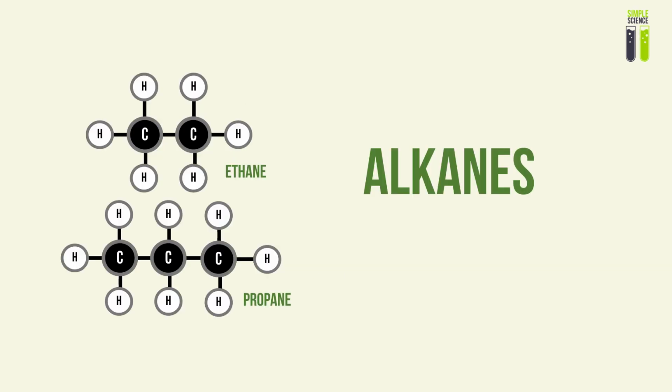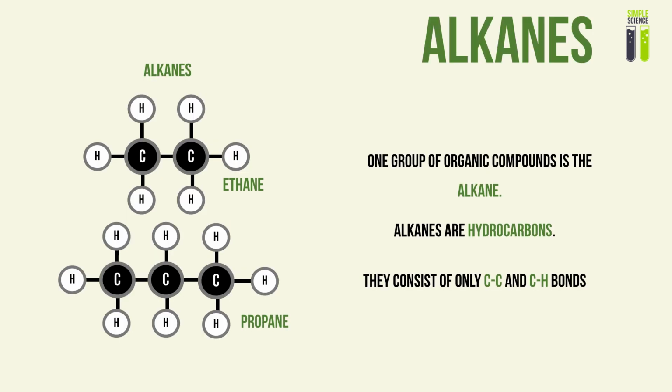So alkanes are molecules that are known as hydrocarbons, in that they only contain hydrogen and carbon atoms. So as a result, they will only consist of carbon to carbon single bonds and carbon to hydrogen single bonds.